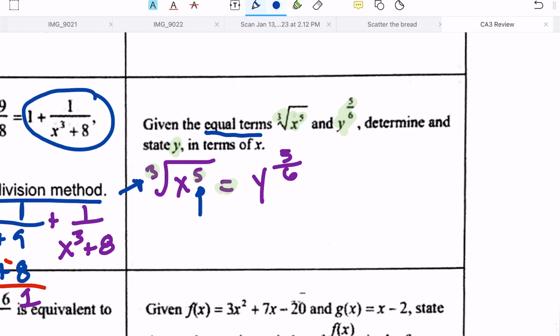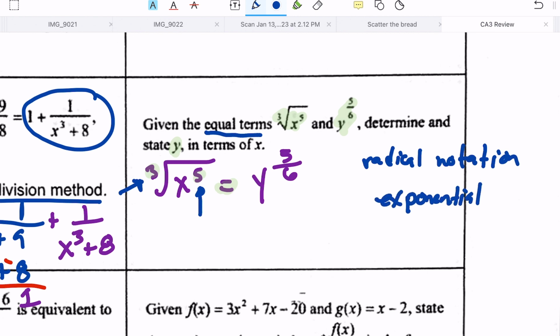So we can translate from a radical notation to an exponential notation. So this is going to become x to the 5 over 3.